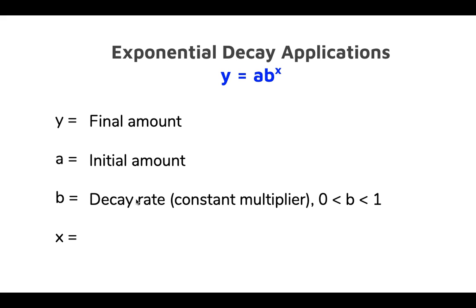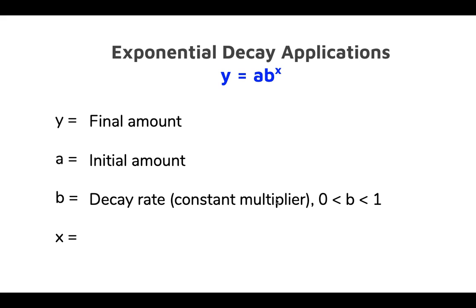We have our exponential equation, y equals a times b to the power of x. What do each of these mean when we are solving word problems? Well, don't forget that y is the final amount that we're looking for. A is the initial amount that we're starting with. B is the decay rate, or what is the multiplier?